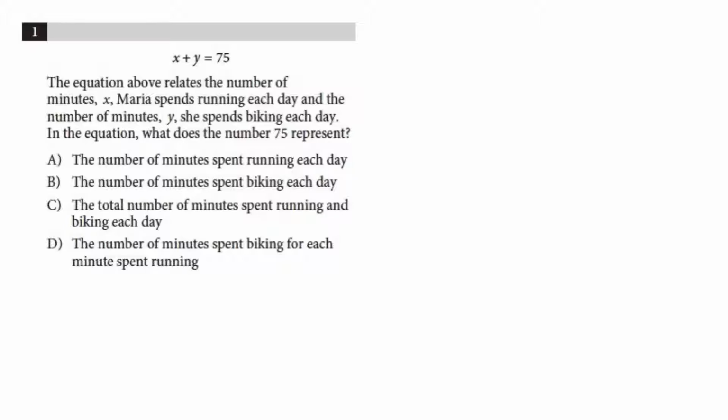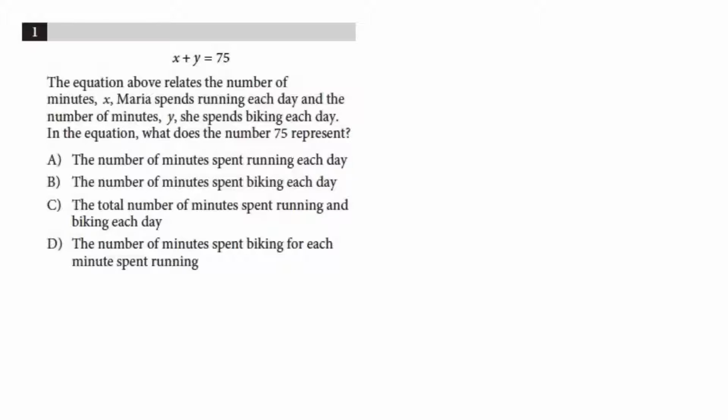Number 1, x plus y equals 75. The equation above relates the number of minutes x Maria spends running each day and the number of minutes y she spends biking each day. In the equation, what does the number 75 represent?